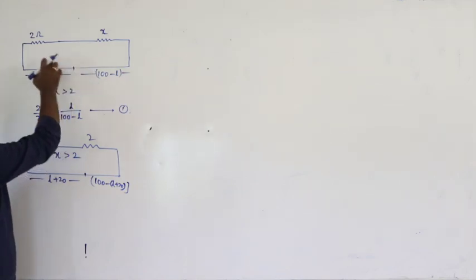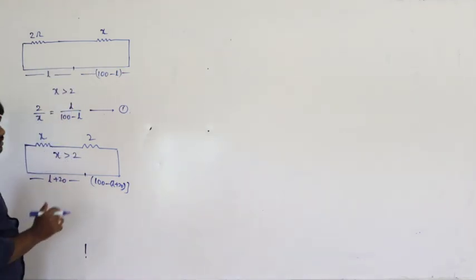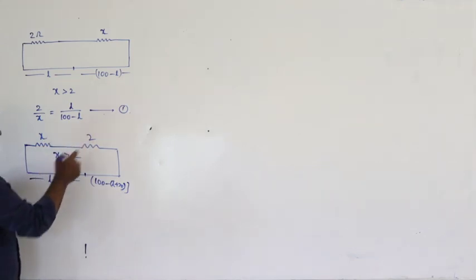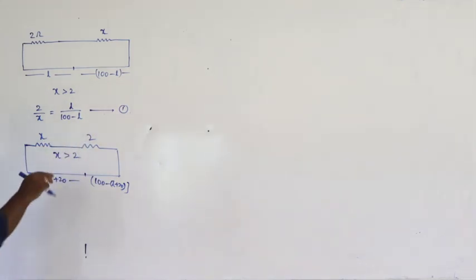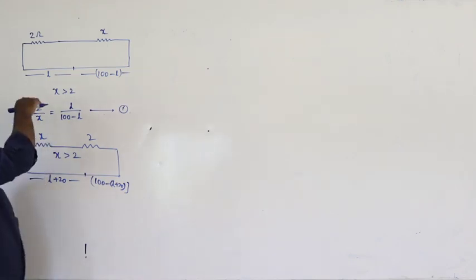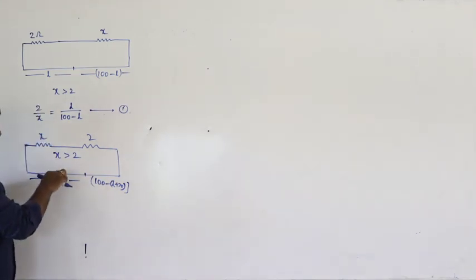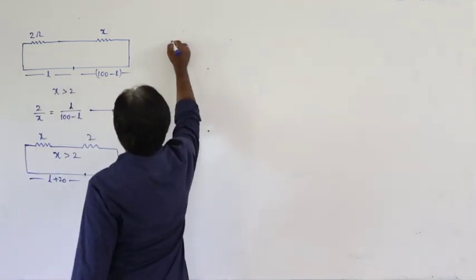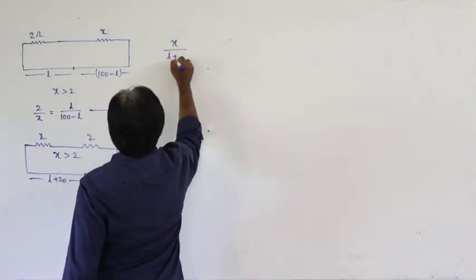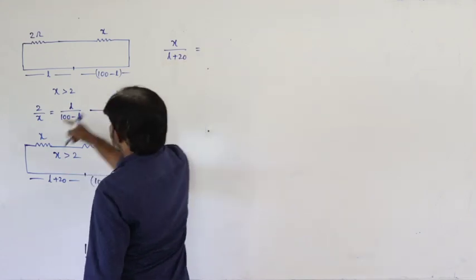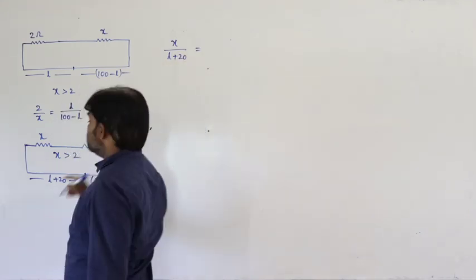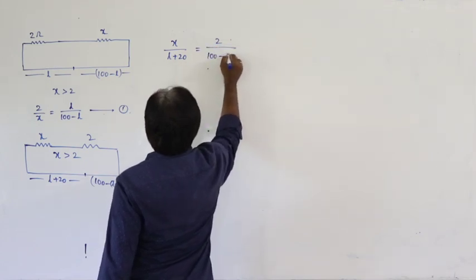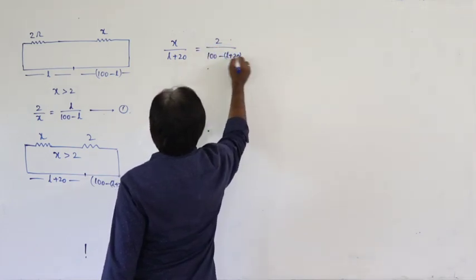These two resistances are interchanged, given that x is greater than 2. Here x comes to the left gap, 2 comes to the right gap. Resistance in the left gap increases. That means the balancing length shifts towards right. So what we can write: x by L plus 20, resistance in the left gap divided by balancing length, is equal to 2 divided by 100 minus of L plus 20.